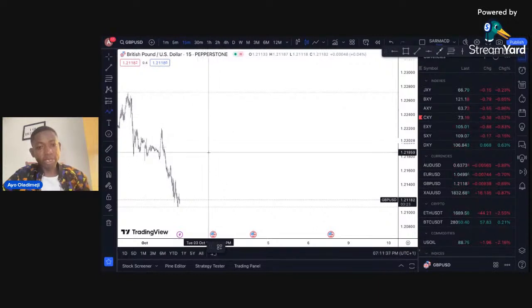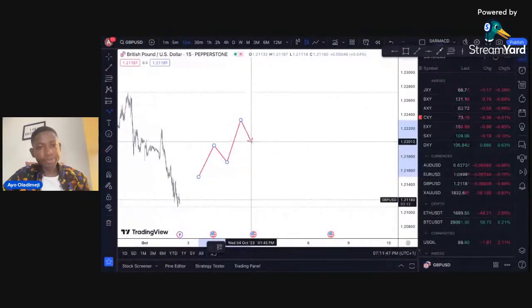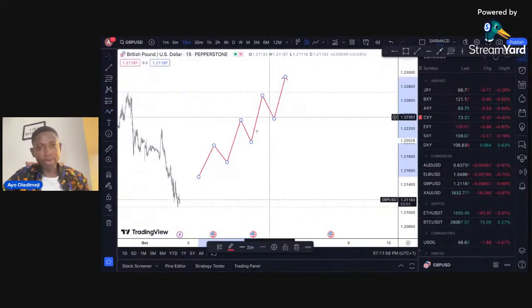The price will either make an upward movement, or what we call an uptrend or bullish trend, where the market gives us a series of high and low, higher high, higher low, higher high, higher low, higher high. If you remember, we talked about that.